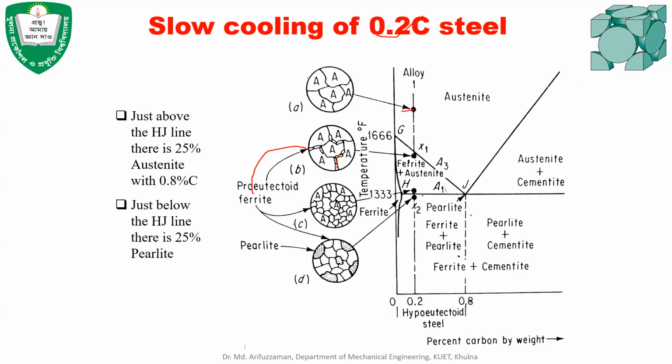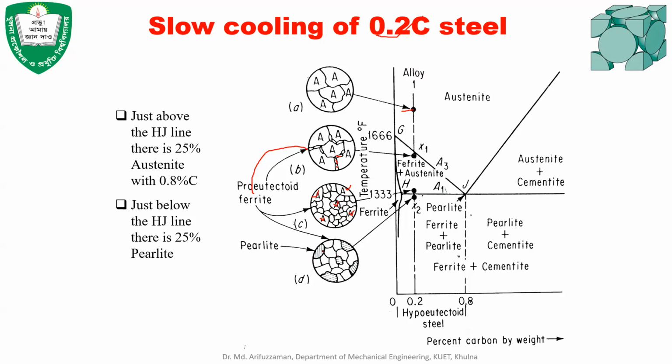As the temperature drops to just above the eutectoid temperature line, there will still be some austenite grains, but a small amount. These are the austenite grains here, and most of them will be ferrite. Then when the eutectoid reaction takes place, that austenite converts into ferrite and iron carbide, which is called pearlite.